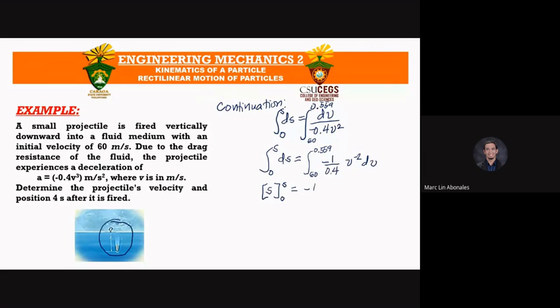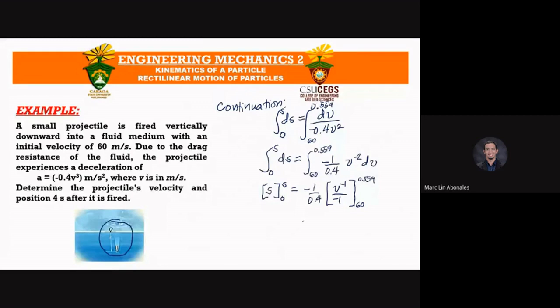So negative 1 over 0.4 times the integral of v negative 2 dv, that is v. Negative 2 plus 1 would be negative 1, over negative 1. So that is the integral of v raised to the power of negative 2 dv, and its lower and upper limits are 60 and 0.559.